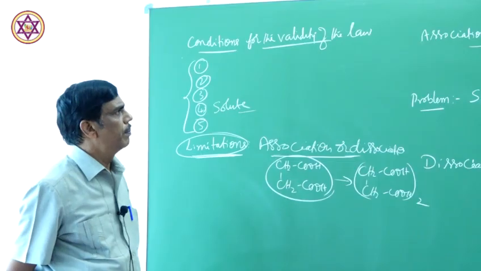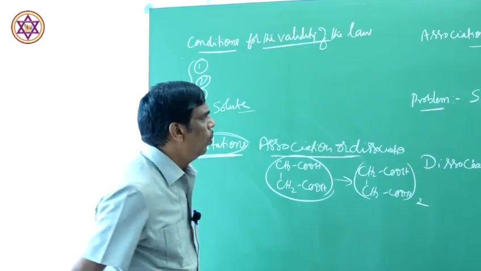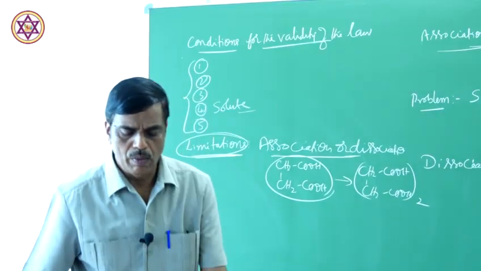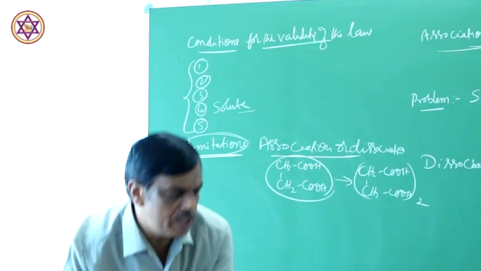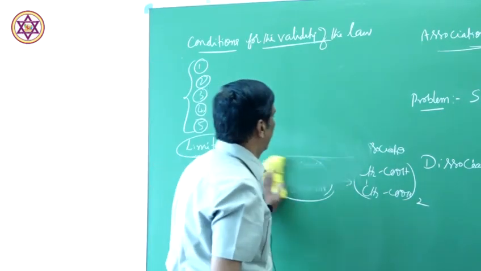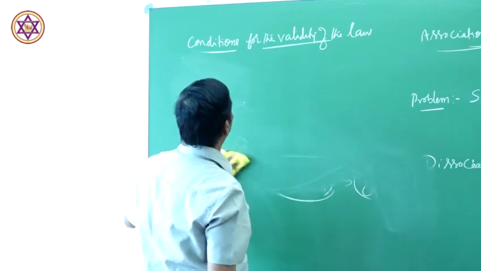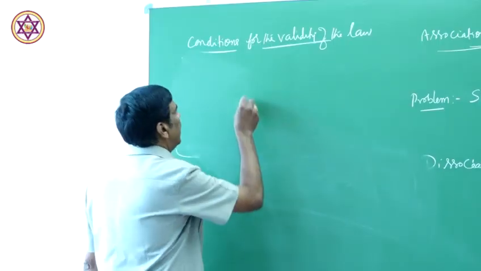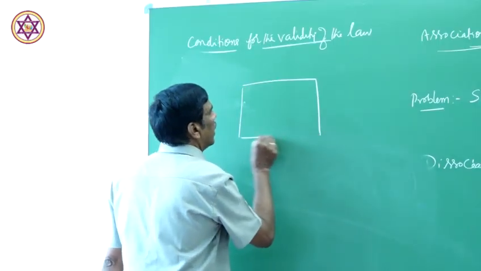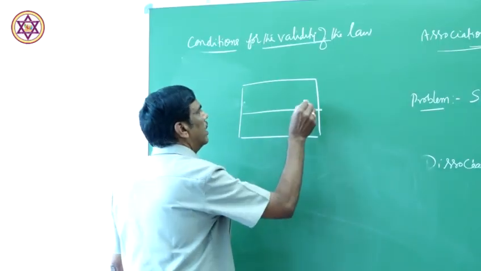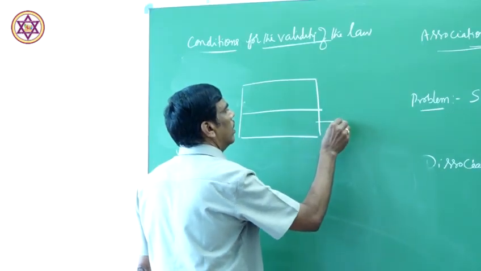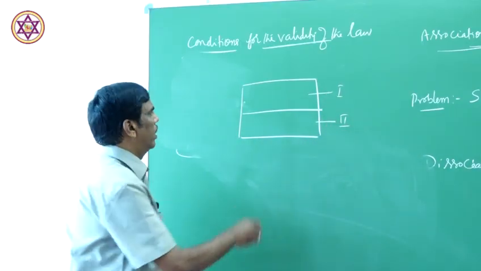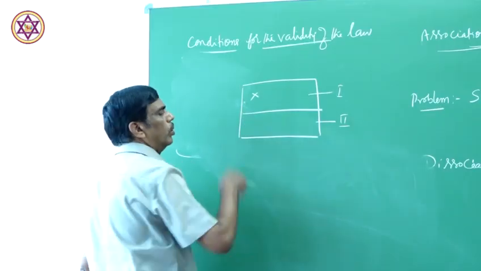Now, come to what happens when there is association of the solute in one of the solvents. As I told you, dimerization of succinic acid takes place in one of the solvents. Let us take a two liquid system. This is phase 1, liquid 1, and this is liquid 2.